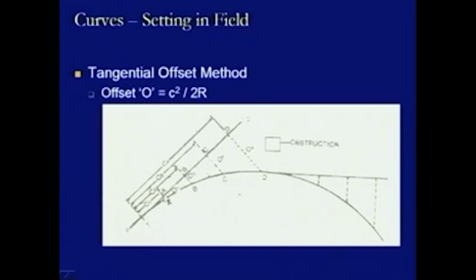Then at that point, we measure a value of offset which is equal to O, and this is given by C square divided by 2R, where C is the length of the chord and R is the radius of the curve. So, using this value, if instead of C we put C1, we will get the offset which will be measured from A to this point A dash.